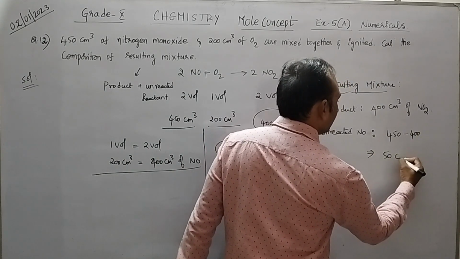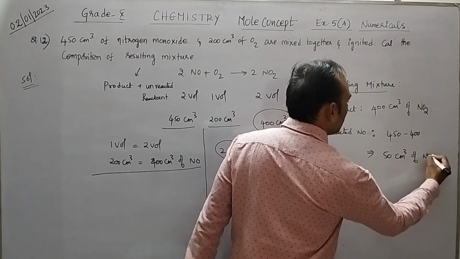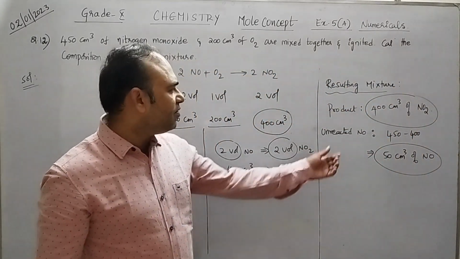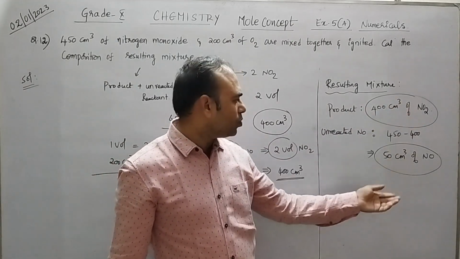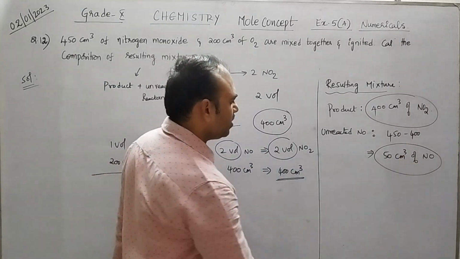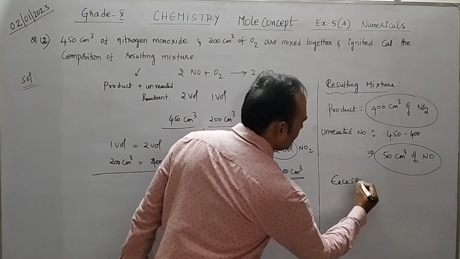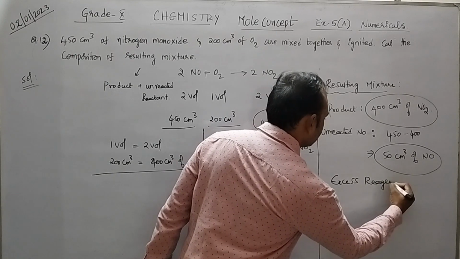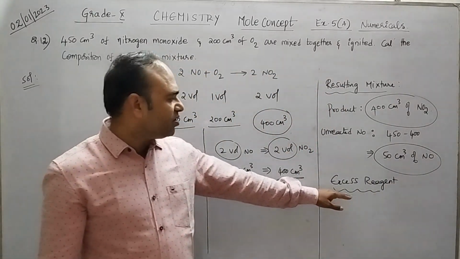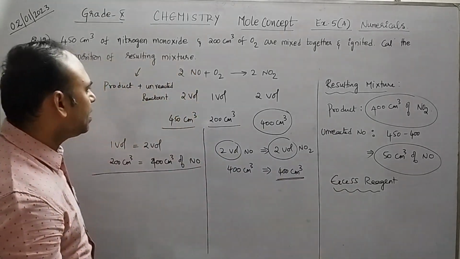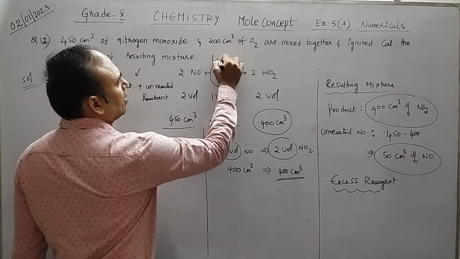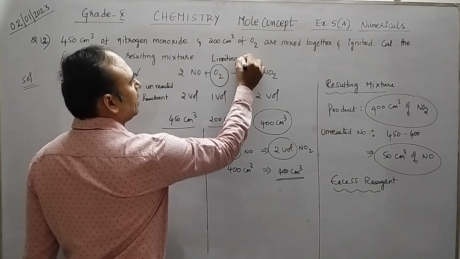Therefore, you are left with 50 centimeter cube of NO. So in the reaction mixture, finally we get 400 centimeter cube of NO2 product and unreacted NO, which is 50 centimeter cube. This can be stated as the excess reagent. In theory we have discussed any reactant which is left over is called the excess reagent, and oxygen is completely used up, hence this is considered to be your limiting reagent.